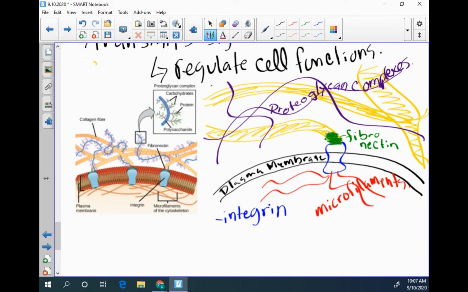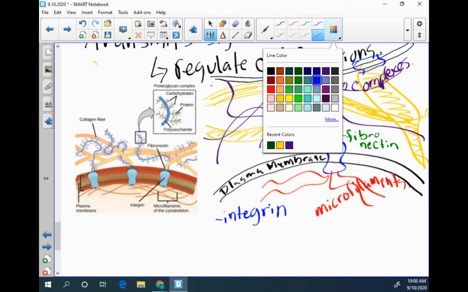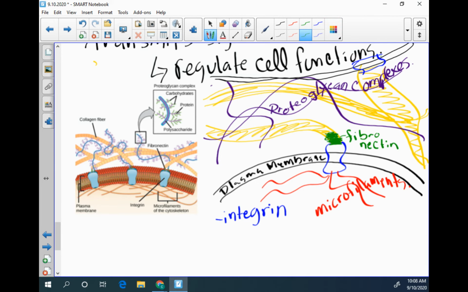So eventually, if we really thought about it, there would be another plasma membrane up through here, because it is the extracellular matrix, so between cells. We would have another integrin protein that is also connected by fibronectin, and our other microfilaments on the inside.